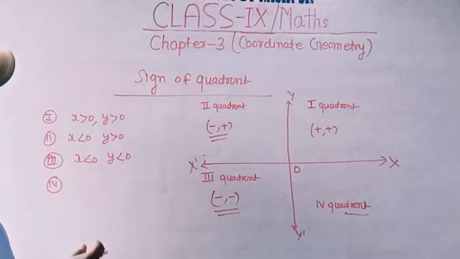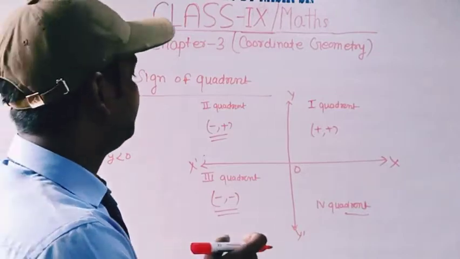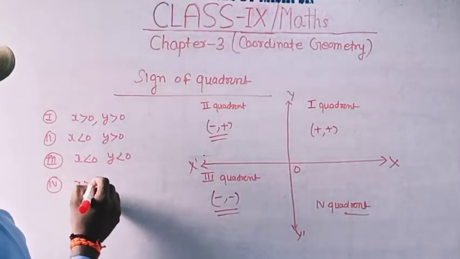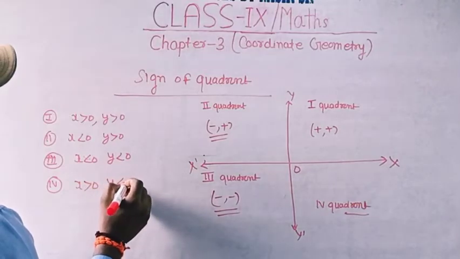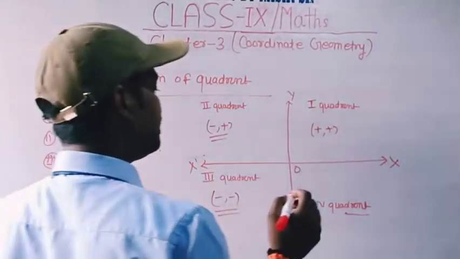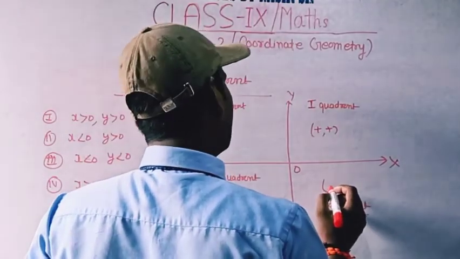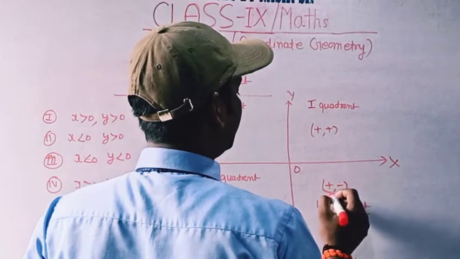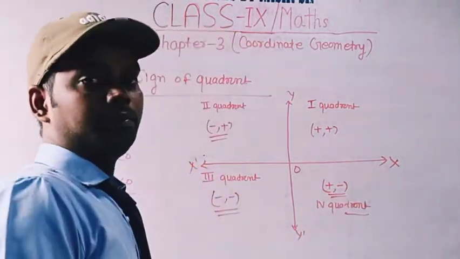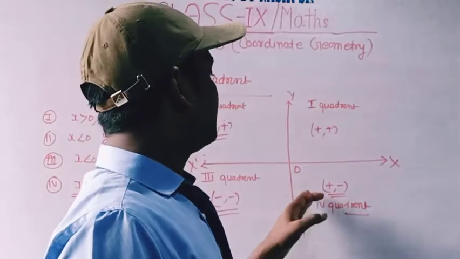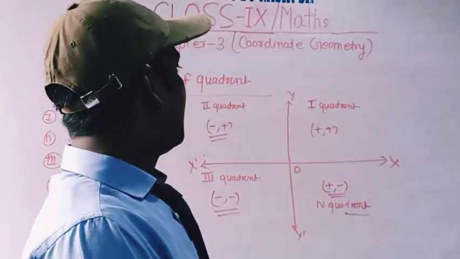In the fourth quadrant, x is greater than 0 and y is less than 0. So the sign convention of the ordered pair is positive, negative, and positive, negative ordered pairs are located in the fourth quadrant.